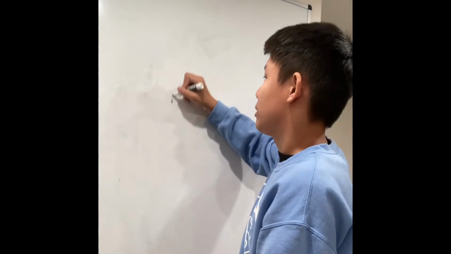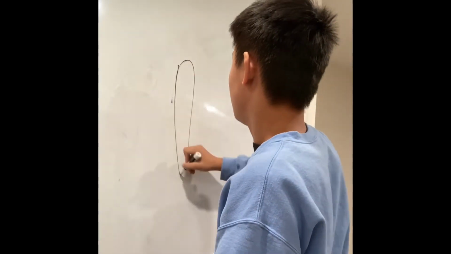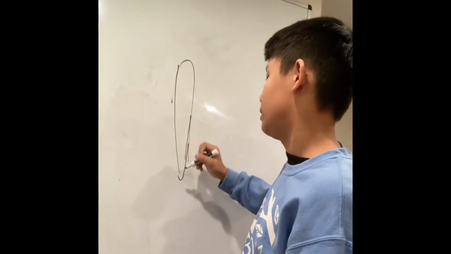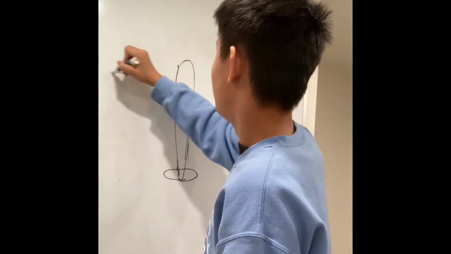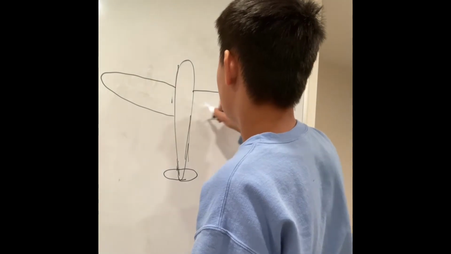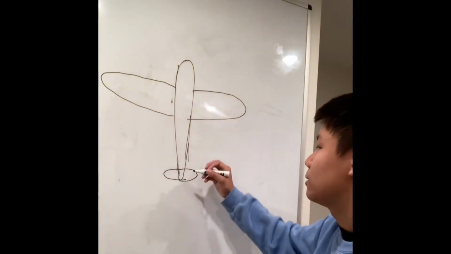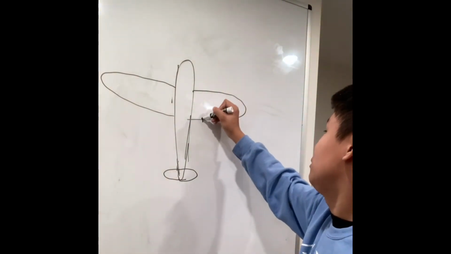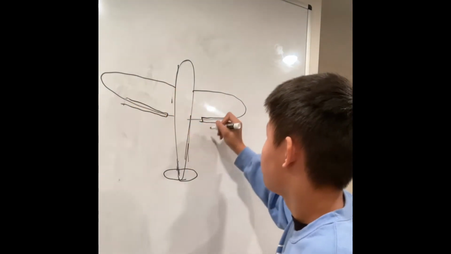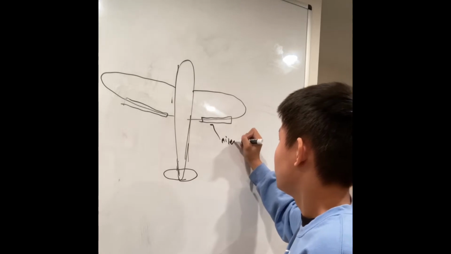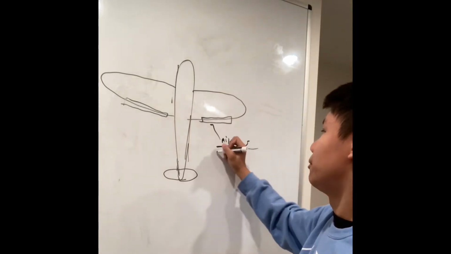Okay, so back to how you actually steer an airplane. Just say this is an airplane. It looks very bad, but just say this is an airplane. So you have your ailerons, which are these flaps here, and those basically control the roll.